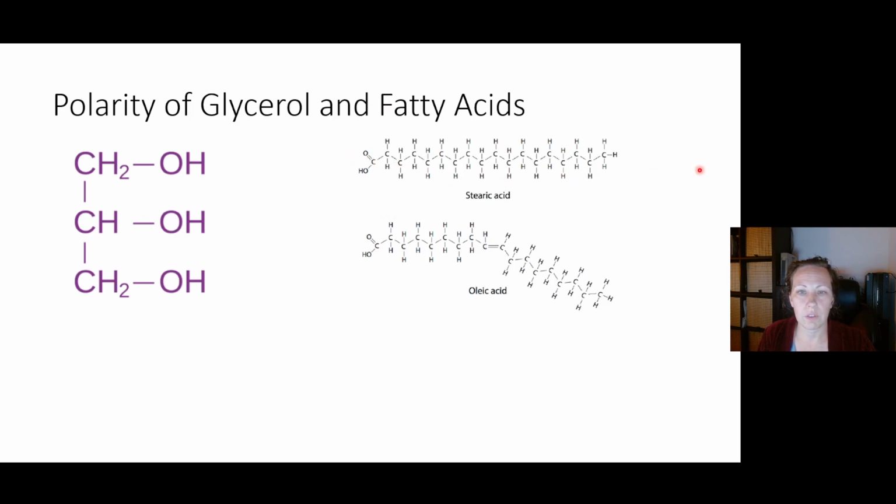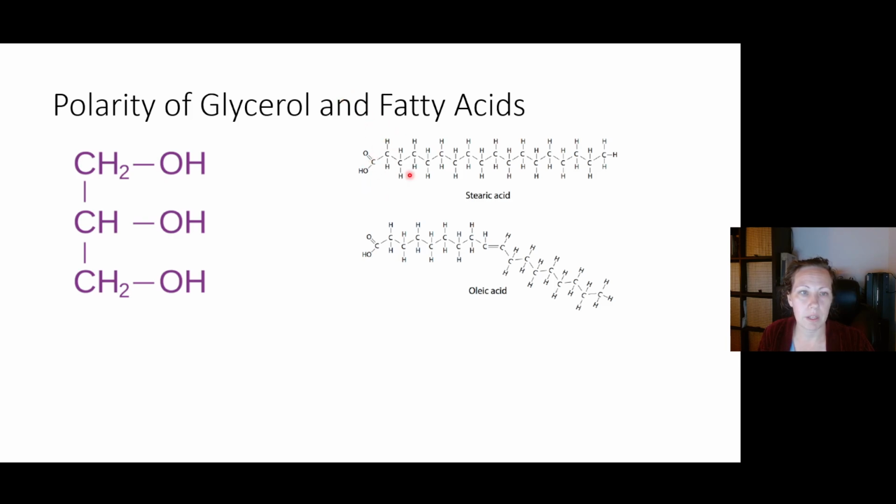The rest of this chain is nonpolar. There's no charge associated with this. The overall charge of a hydroxyl group, I meant, is slightly negative. The overall charge on a carboxyl group is slightly positive.